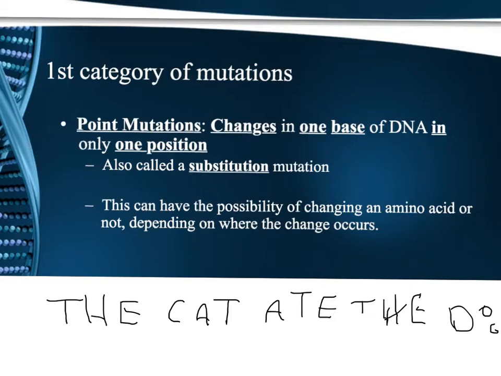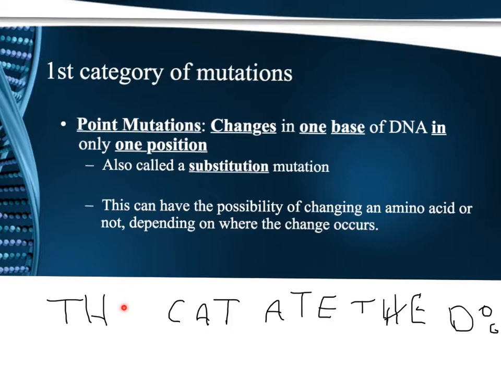A point mutation, if these are all three-letter words, and I made them three-letter words because they're kind of like codons, right? So let's say this is a normal sentence, and if you were to make a mutation, let's say I messed up this letter right here, and instead of an E, there was a mutation that occurred at that specific point, and instead of an E, that was substituted. Again, these are called substitution mutations also.